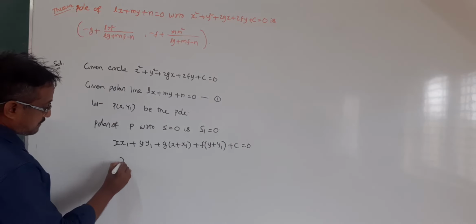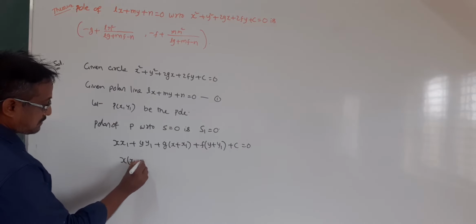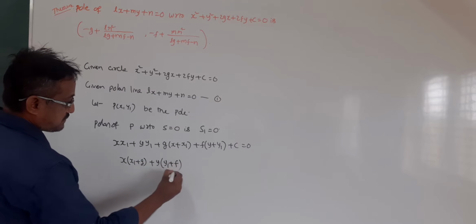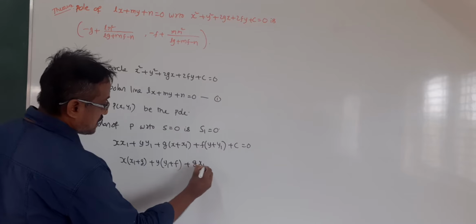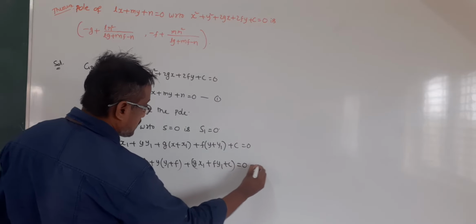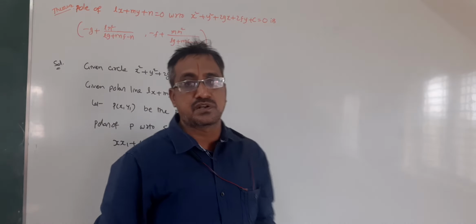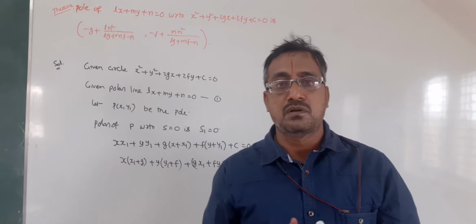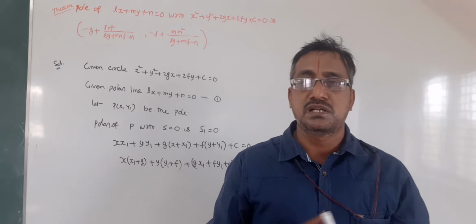Now this can be written as x into x1 plus g plus y into y1 plus f plus gx1 plus fy1 plus c is equal to 0. Let it be equation 2. Now you cannot have two polars for a pole. So 1 and 2 represent the same line.